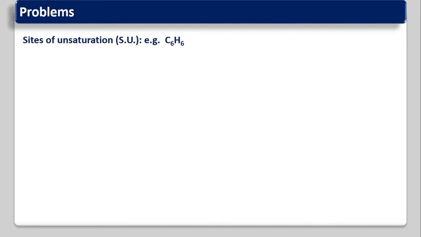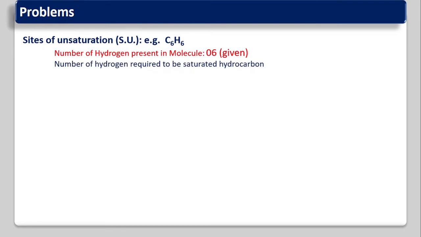For example, we'll take benzene, that is a known one. So how to find out the sites of unsaturation? The molecular formula for benzene is C6H6. So the number of hydrogens present in the molecule is 6, that is given, right? How many hydrogens are fewer than the number required for a saturated compound?